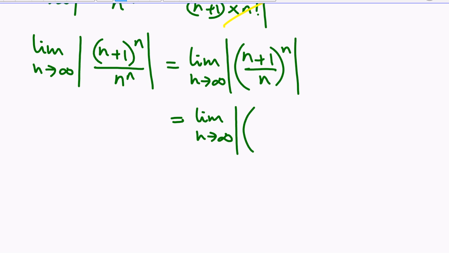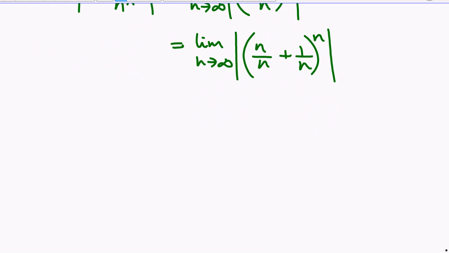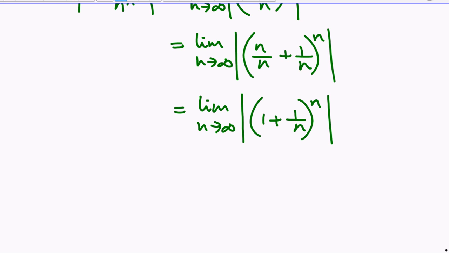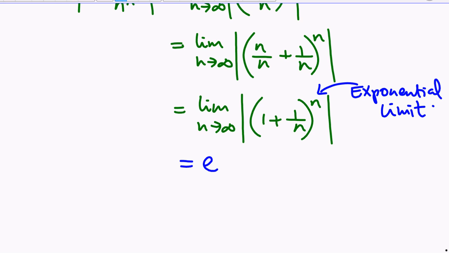We can write this as n over n plus 1 over n to power n, which will be equal to the limit as n approaches infinity of 1 plus 1 over n to power n. And you remember that this is the exponential limit, which is equal to e. So this will be equal to e.